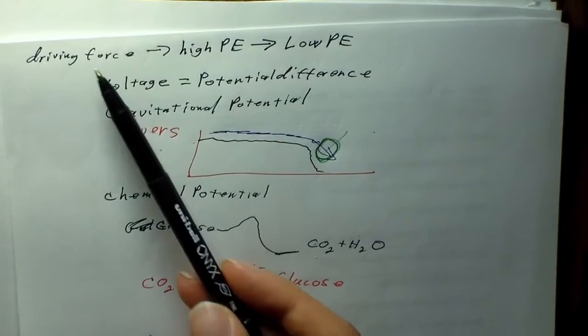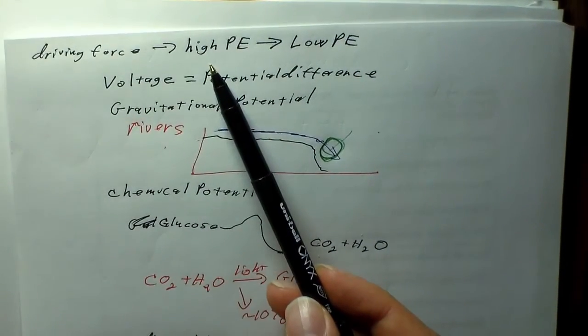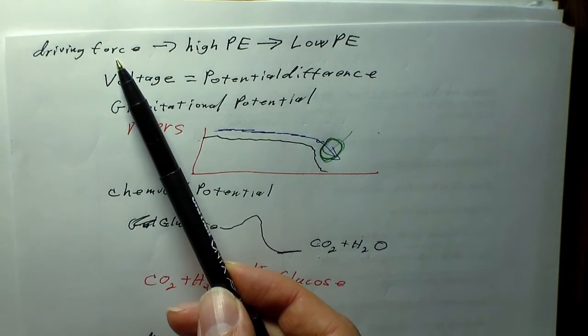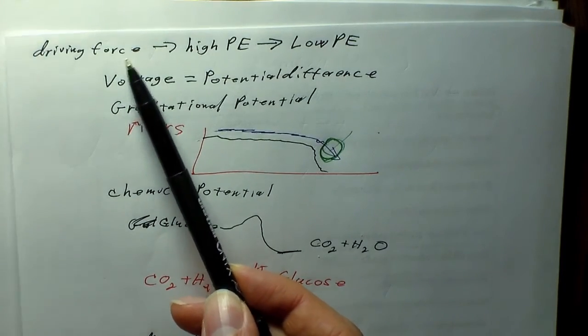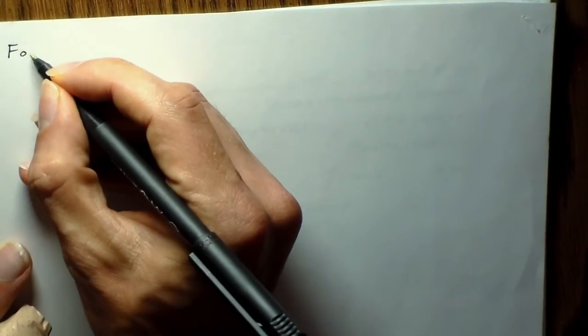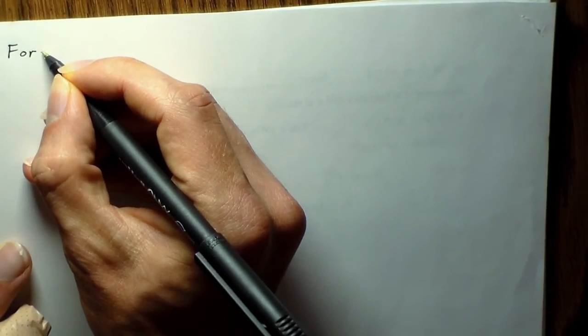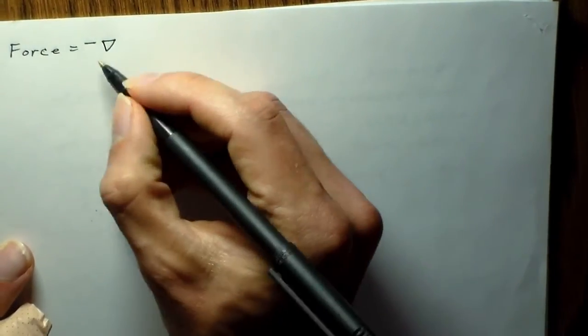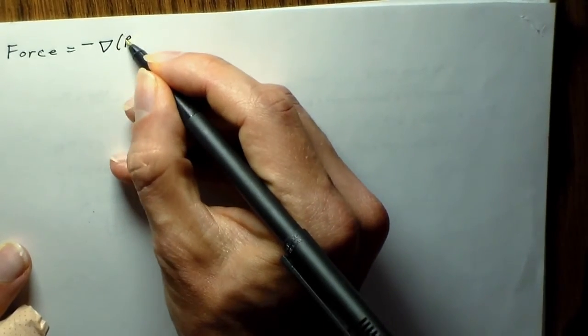So what I said here is that the driving force is going from a high potential to a low potential. And now using the word force here actually is fairly accurate. All right? And the reason for this is that force is related to the change in the potential. All right, and this is expressed mathematically as the negative gradient of my potential.